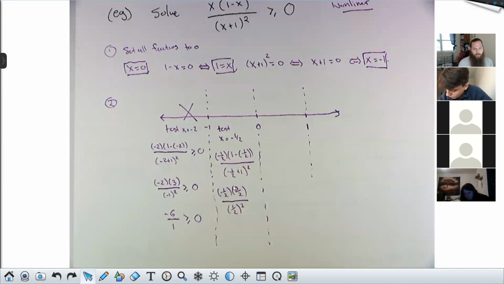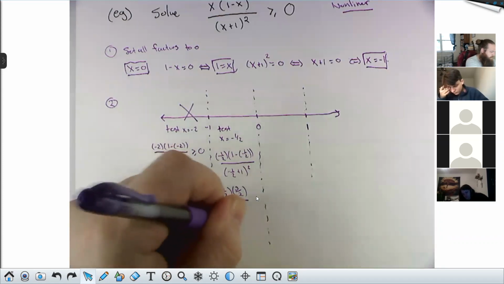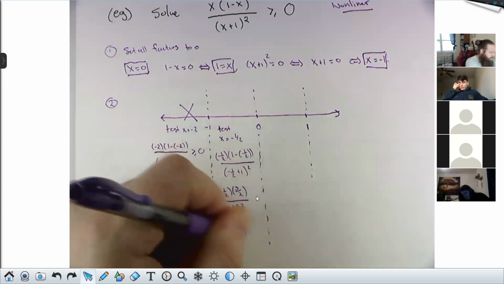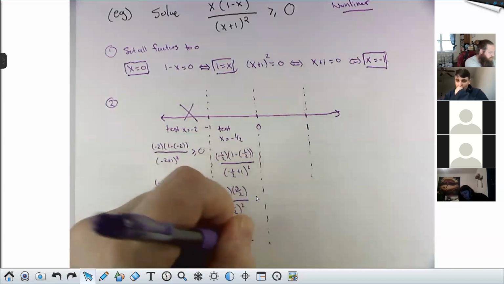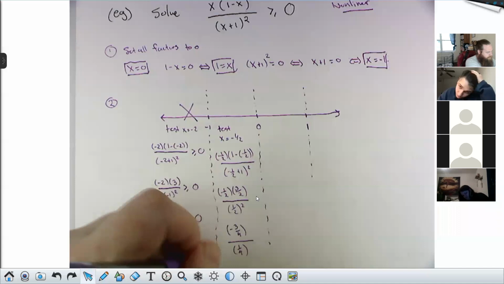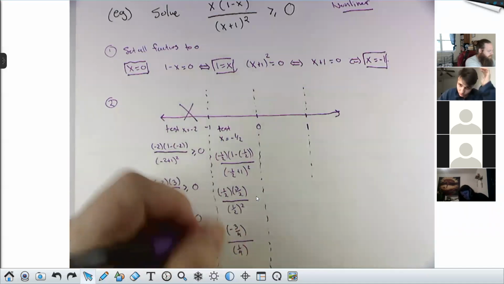So negative 1/2 times positive 3/2, the top, we multiply straight across. That's negative 1 times 3 over 2 times 2. That's negative 3 over 4. And downstairs, 1/2 squared is positive 1/4. And then you flip and multiply.